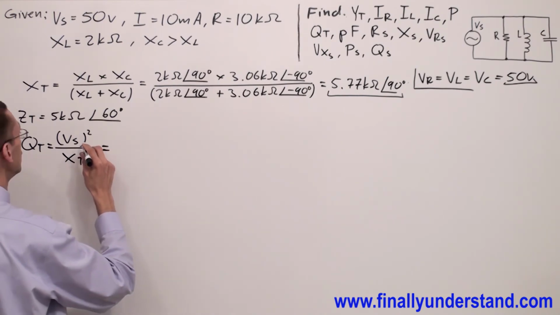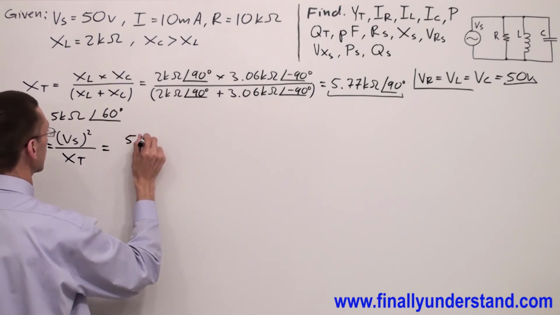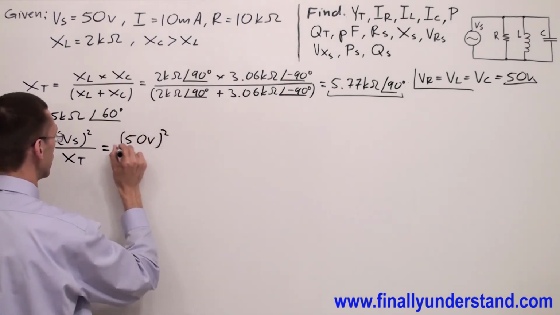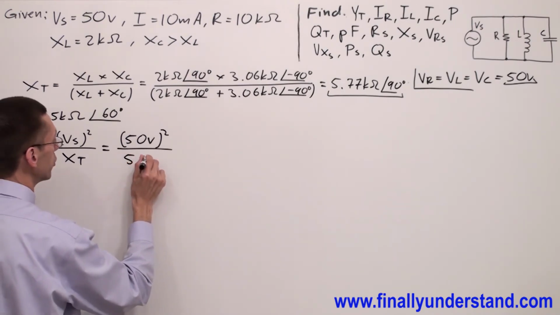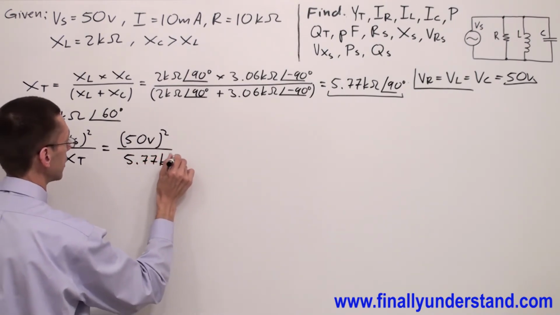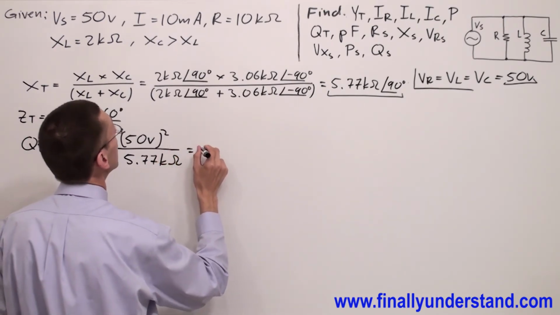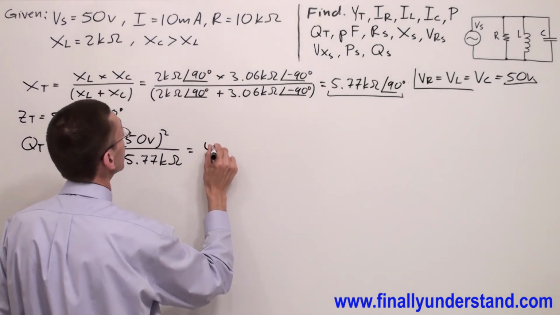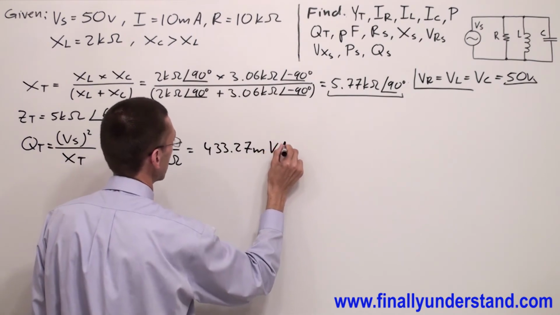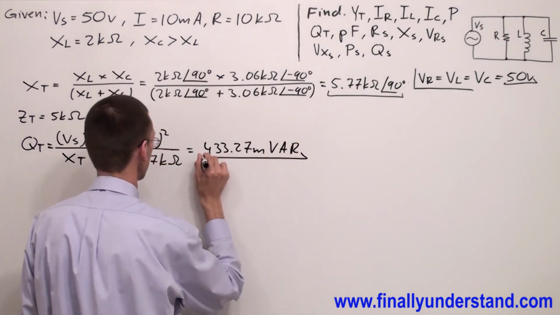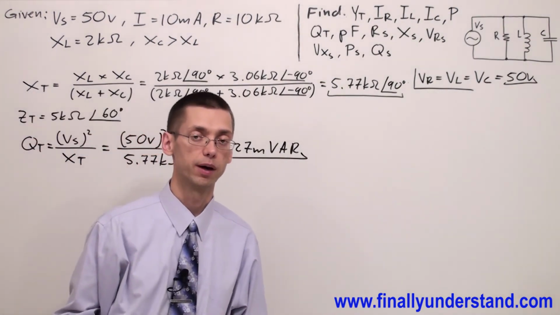So I have voltage source equal to 50 volts raised to the second power over 5.77 kiloohms, which is equal to 433.27 millivolt ampere reactive. So this is the total reactive power in my parallel circuit.